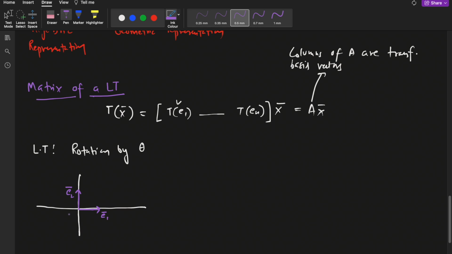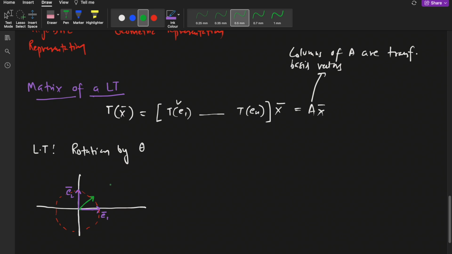All right. Now let us suppose this is a circle, and we rotate this basis vector. We rotate the entire plane. This linear transformation, by the way, is doing a rotation of theta anti-clockwise. So let us suppose we rotated this entire xy plane by theta.